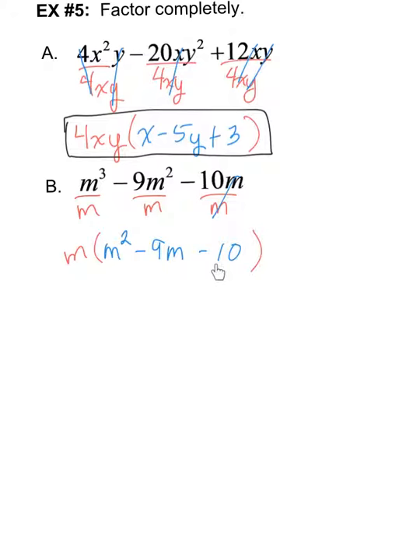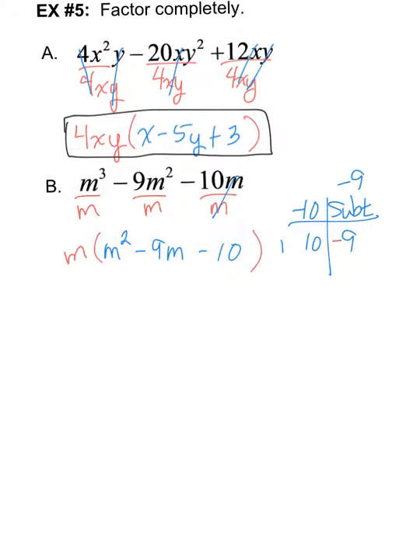So then you want to look inside here, is this factorable? Well, are there any factors of 10 that subtract to give you 9? Yes, 1 and 10. So any factors of 10, it's negative. So we are going to subtract and look for the middle term of negative 9. So 1 and 10 subtract to give you 9.